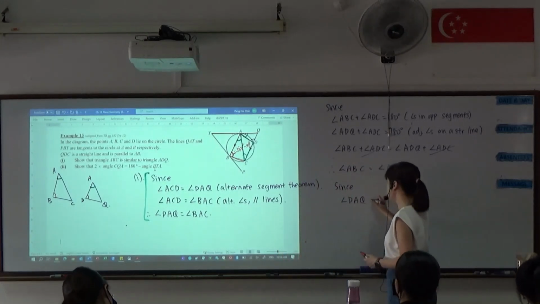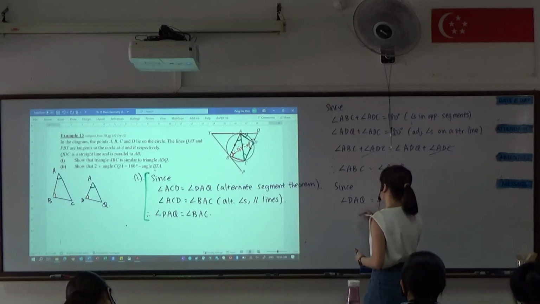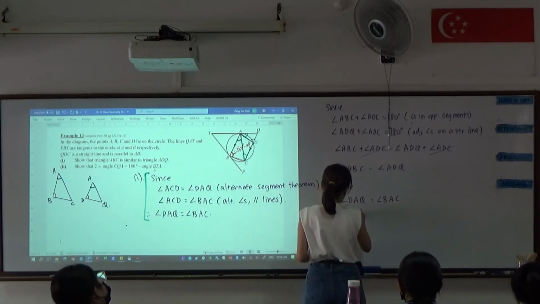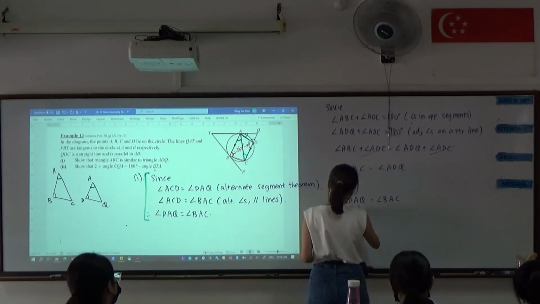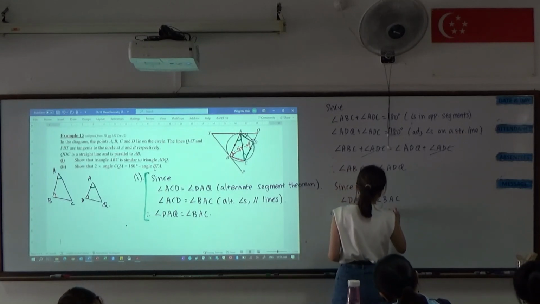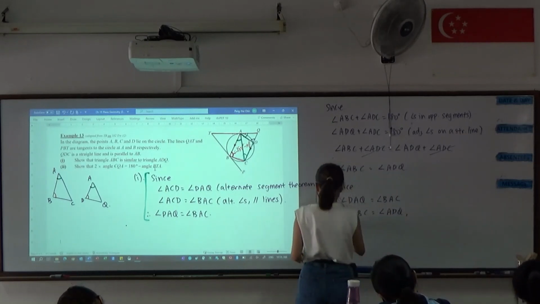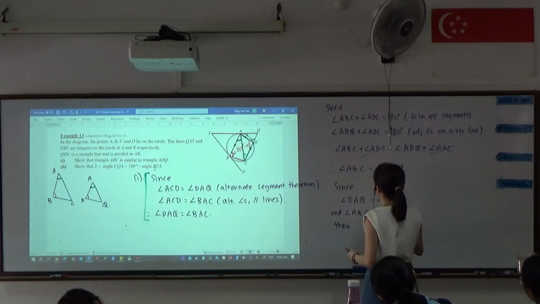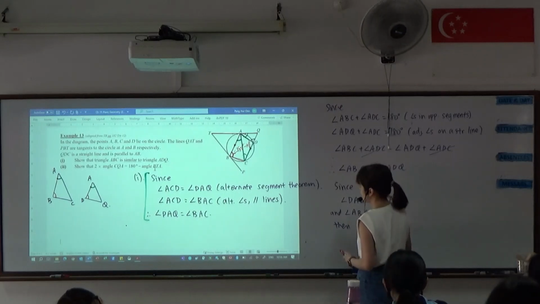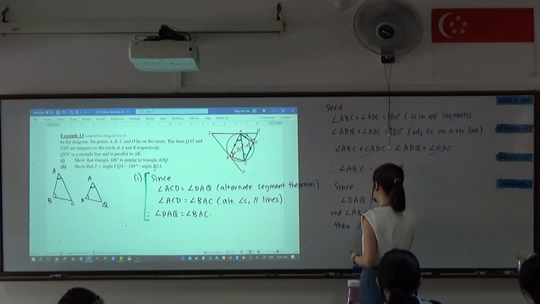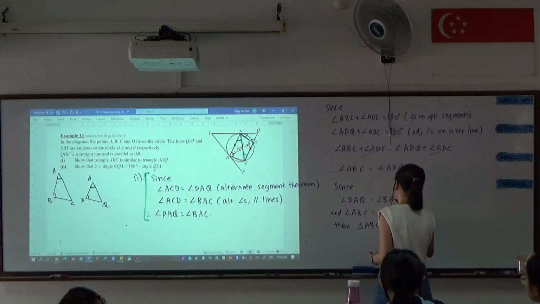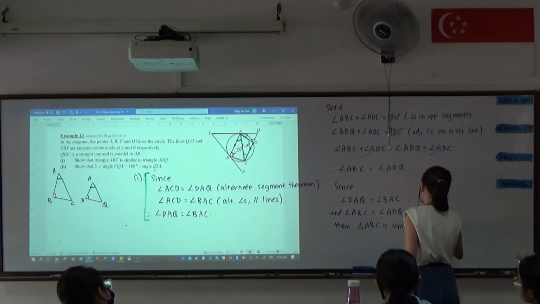Since angle DAQ equals to angle BAC and angle ABC equals to angle ADQ, then triangle ABC is similar to triangle ADQ.